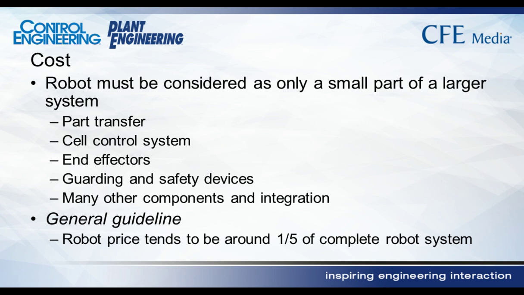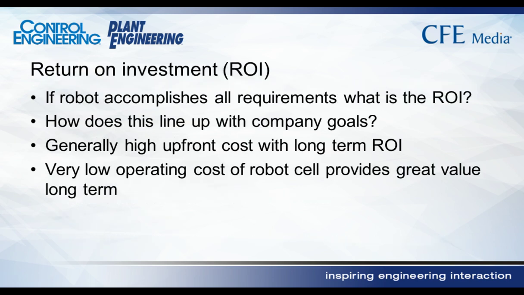Within a robot cell, you will need to consider that there is often part transfer systems, cell controls, end effectors, guarding, safety devices, integration, as well as many other components. A general guideline that we use is the robot price tends to be about 1/5 of a complete robotics system. However, this is just a guideline and can vary dramatically depending on the application.